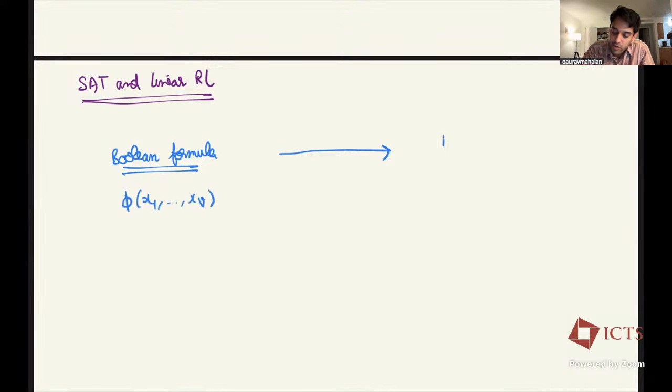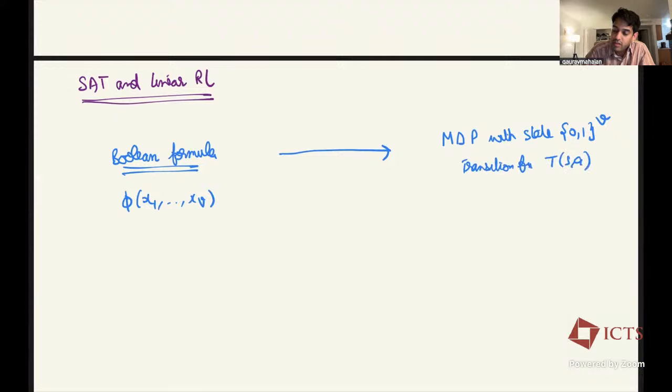And I will want to turn it into an MDP with state space 0, 1 to v. A transition function T, S, A that I'm going to build from it.